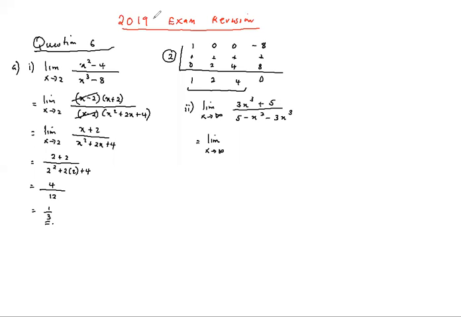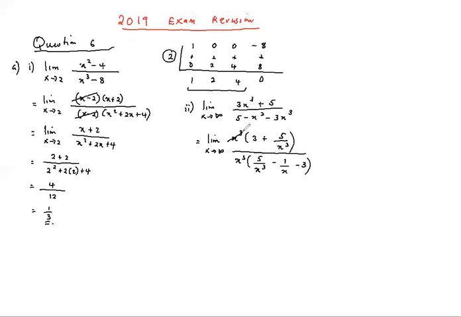we'll factor out x cubed and remain with 3 plus 5 over x cubed, divided by, we factor out x cubed and remain with 5 over x cubed minus 1 over x, because x squared over x cubed will divide there, minus 3.